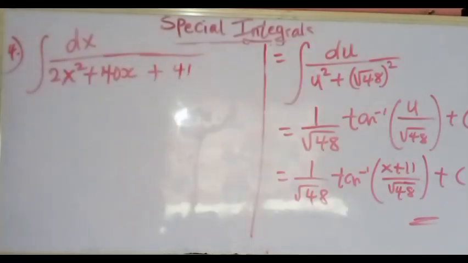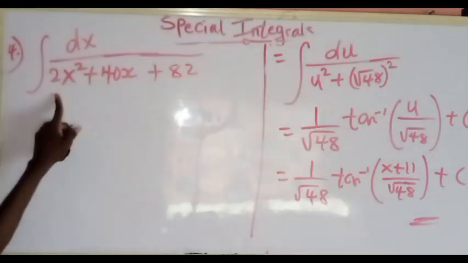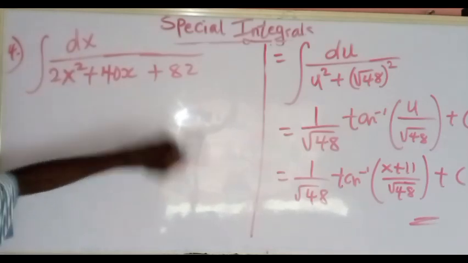Let's try this out. So let's solve this, 2x squared plus 40x plus 41.